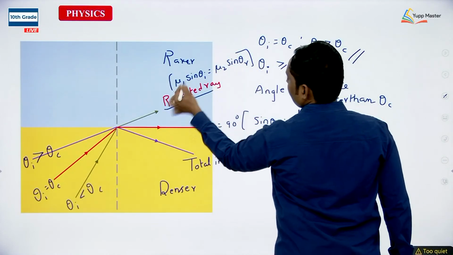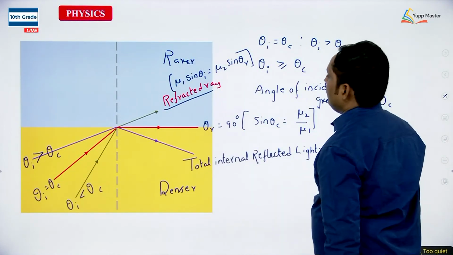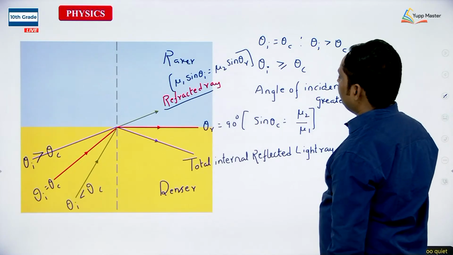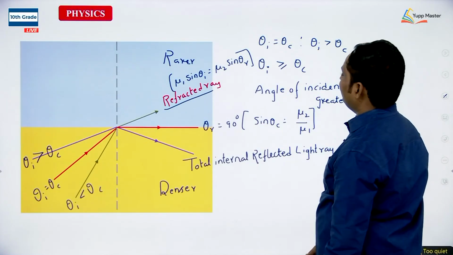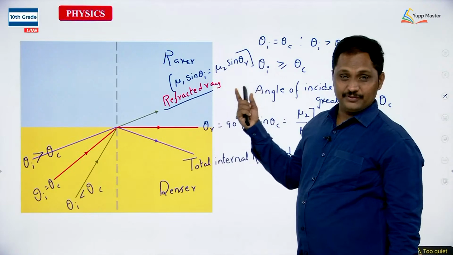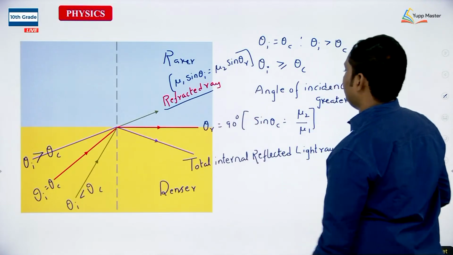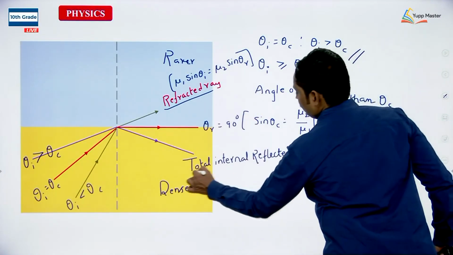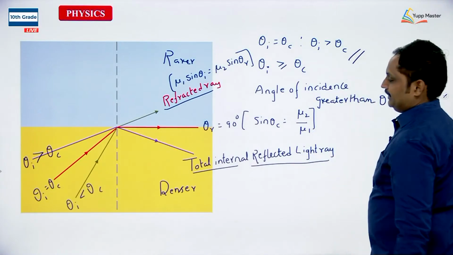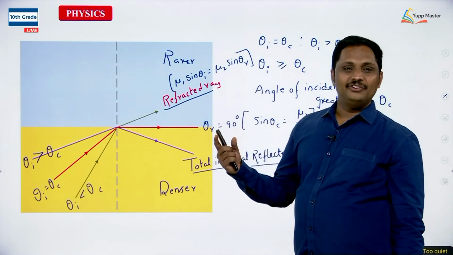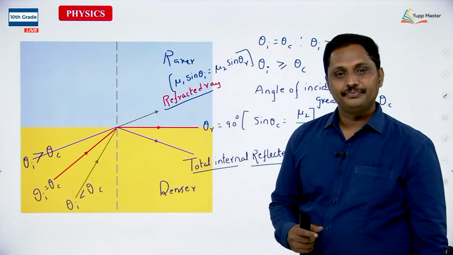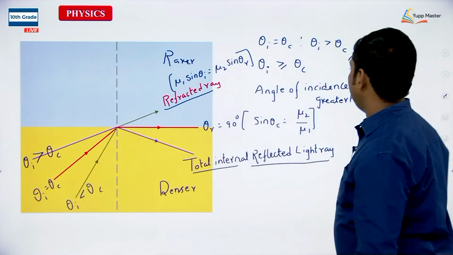Very clear. So, you will find the angle of incidence, and sometimes if they have given the angle of refraction, you will get total internal reflection only when the angle of incidence is greater than the critical angle. Very clear.